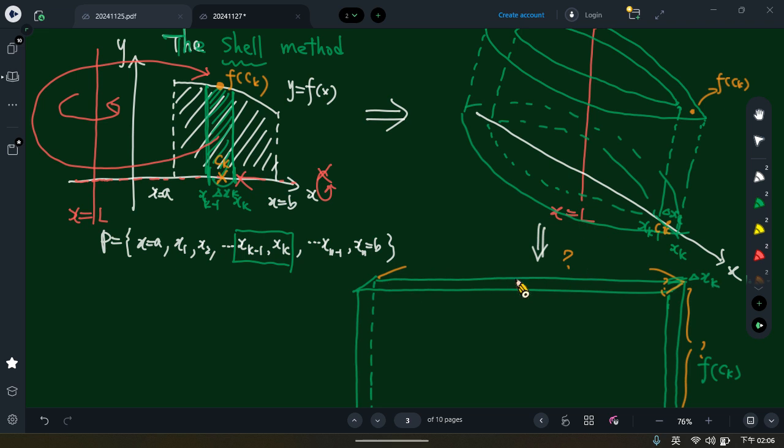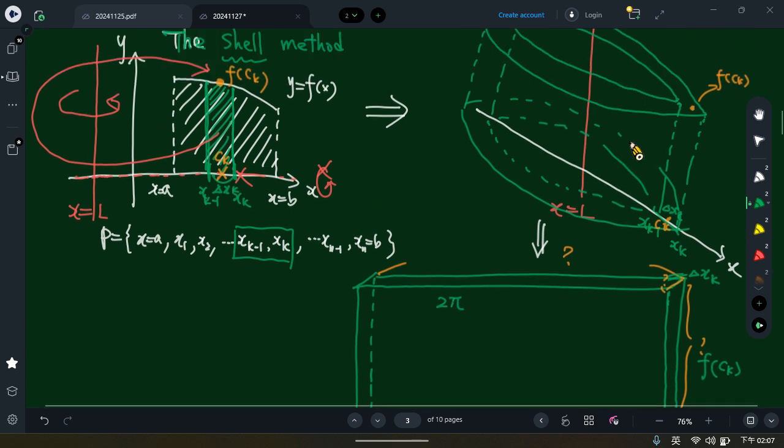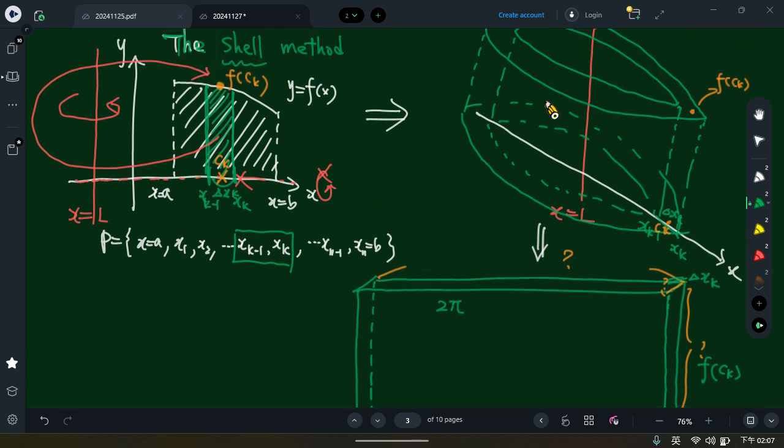And how about this other part? You can see this is L, so we use the length of the circle, which is 2 pi times the radius. We randomly pick c_k, then subtract L. Why?